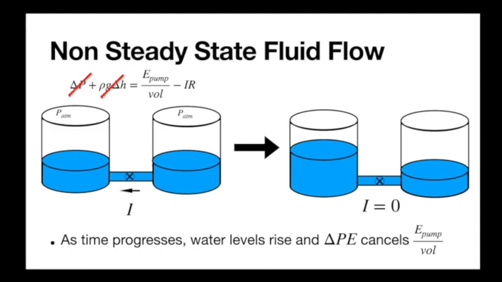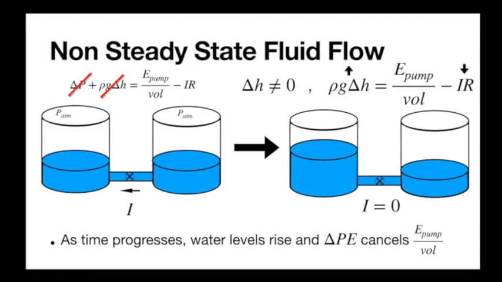Then what happens as water flows from left to right is that the rho g H term becomes non-zero. As soon as water starts to flow, we have to uncross out the rho g delta H, and we do a little analysis of what's growing and shrinking here. Before, E pump equals IR.